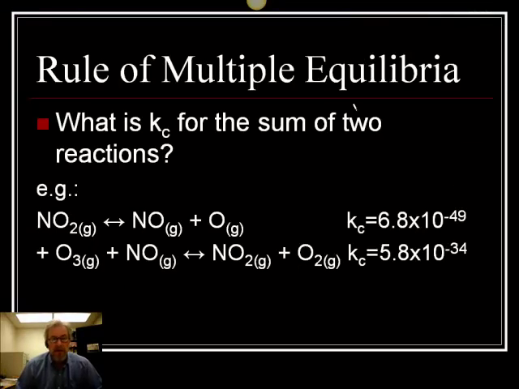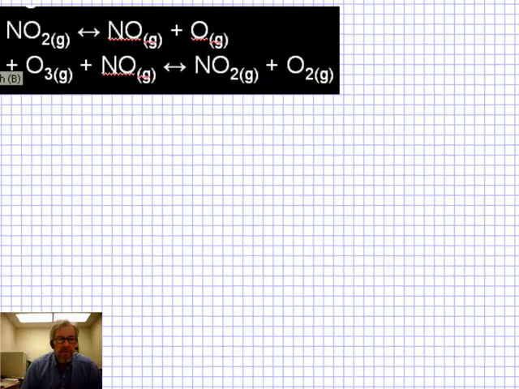The next thing we'd like to look at is what happens if you can sum reactions up. Like we saw that you can add together reactions when we were working with Hess's law, and we also saw it when we were adding up elementary processes in reaction mechanisms. What about reversible reactions that can be summed together? What's the K for the sum of two reactions? Well, let's think it through. For this first reaction, K could be expressed this way.